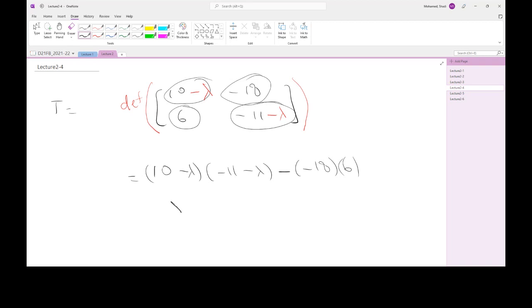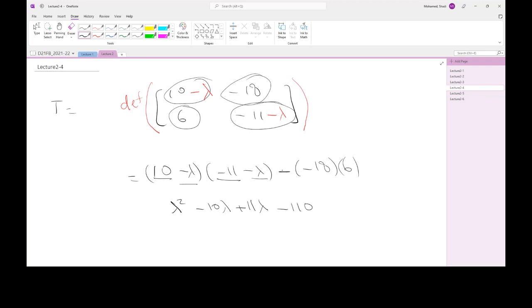So you have lambda squared, and then from 10 minus lambda, this is minus 10 lambda, and then from minus 11 minus lambda, it's plus 11 lambda, and then you have minus 11 multiplied by 10, which is minus 110.